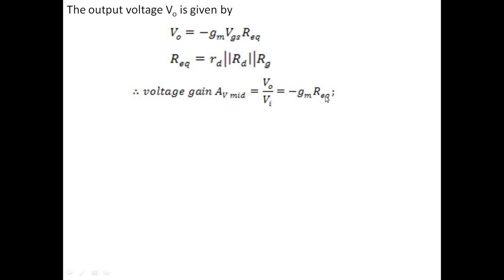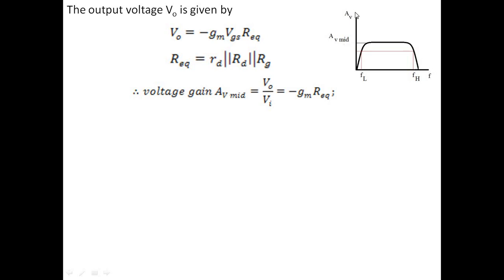We know R equivalent is a parallel combination of small rd, capital RD and capital RG. This is the first formula: the voltage gain at mid frequency is equal to minus gm R equivalent. Now see this case. This is the basic frequency response curve we have.